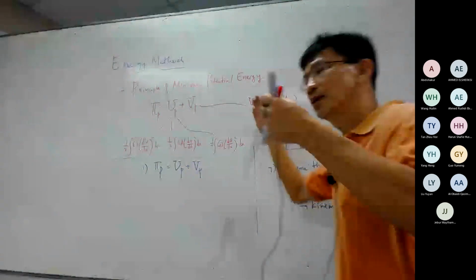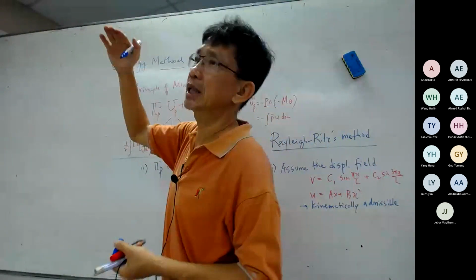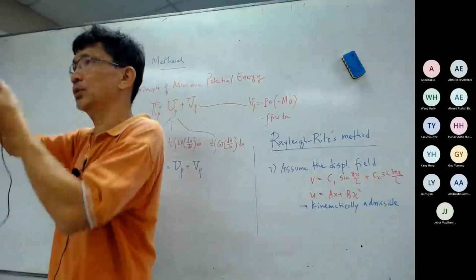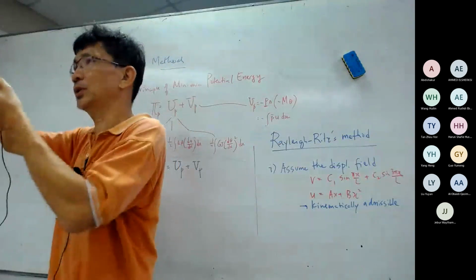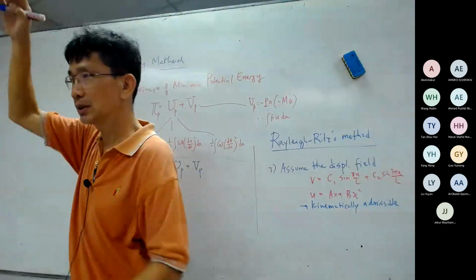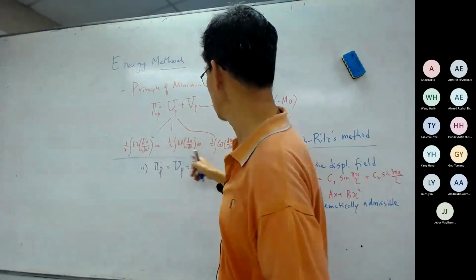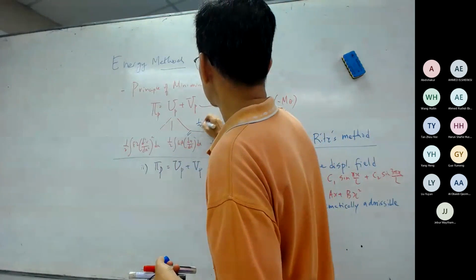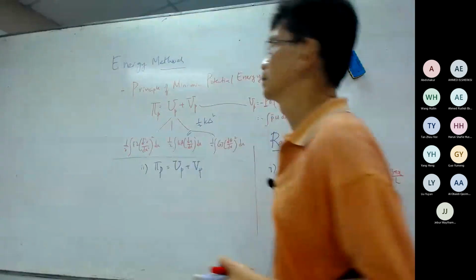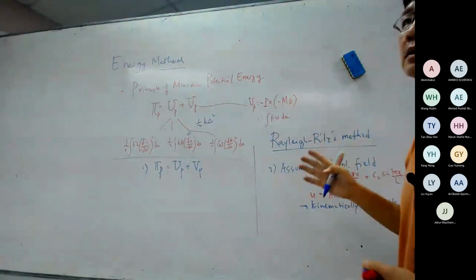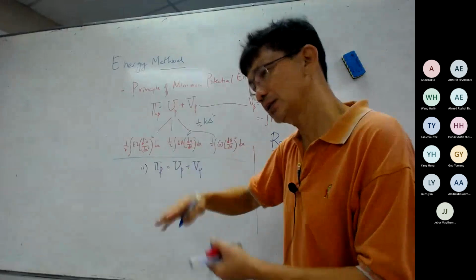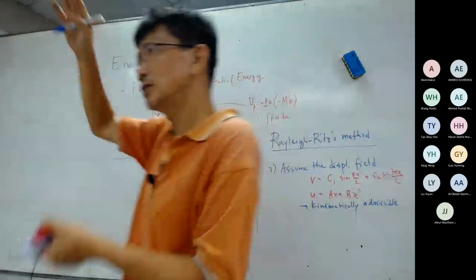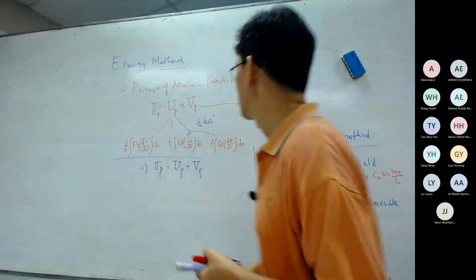If there is a bending problem plus an axial problem, for example a beam plus a spring somewhere at the support, supporting the beam, that spring will change length. This is axial deformation, and the strain energy is given by this. Or for a spring problem, the strain energy is just equal to half k delta squared, where delta is the elongation of the spring.